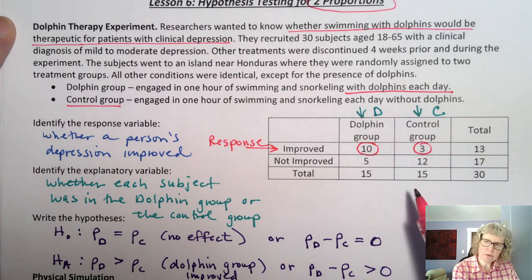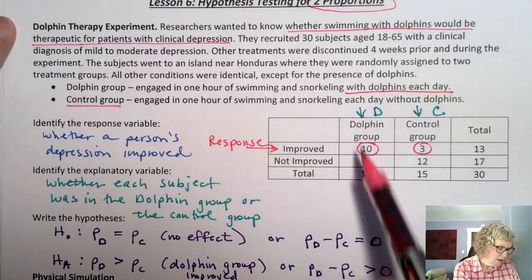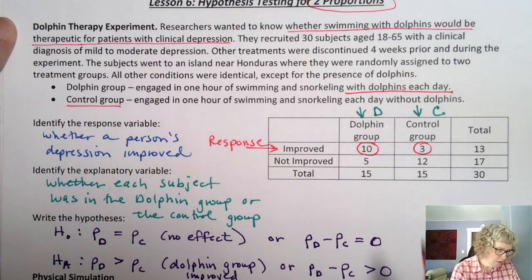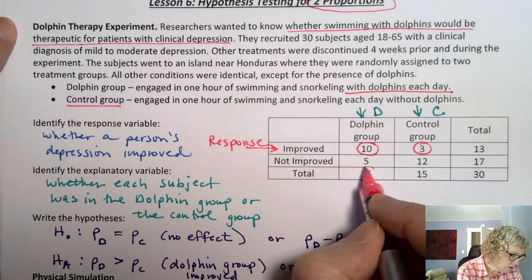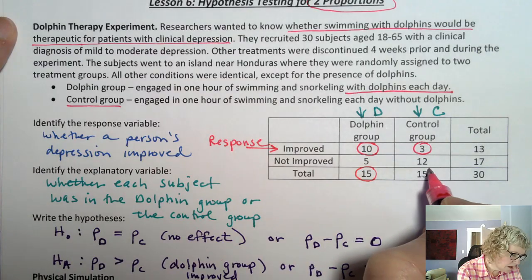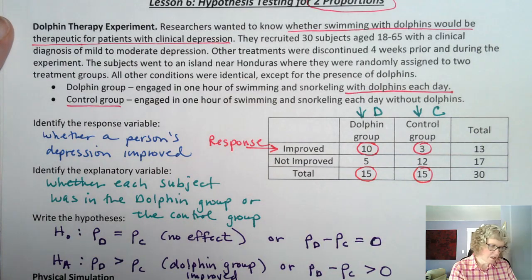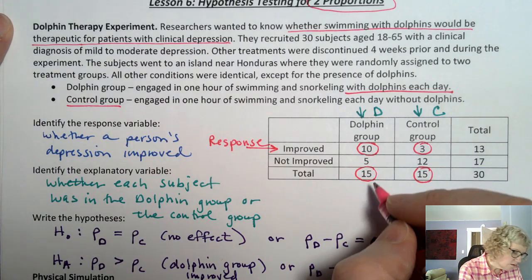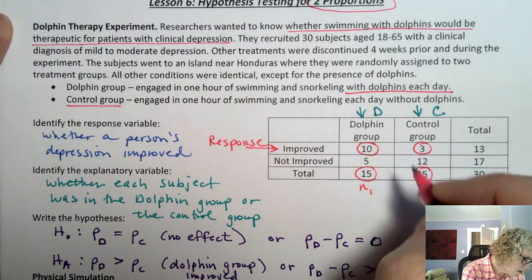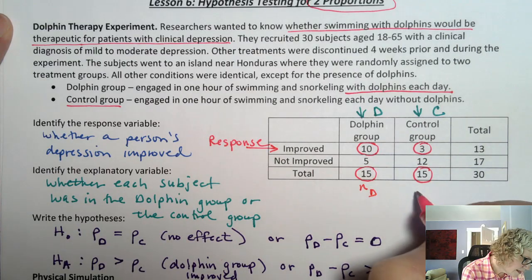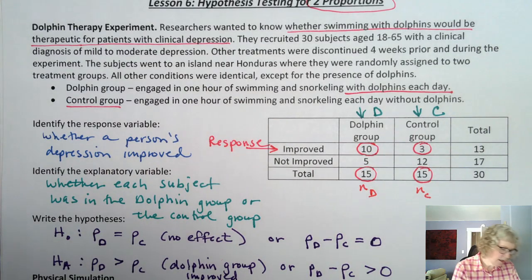It was going the other way in the previous example, so we always need to look at the table carefully and see which way we're going. The dolphin group has a total of 15, and the control group has a total of 15. So again, they're equal to each other. We could write an N1, or actually N_D and N_C to match our letters.